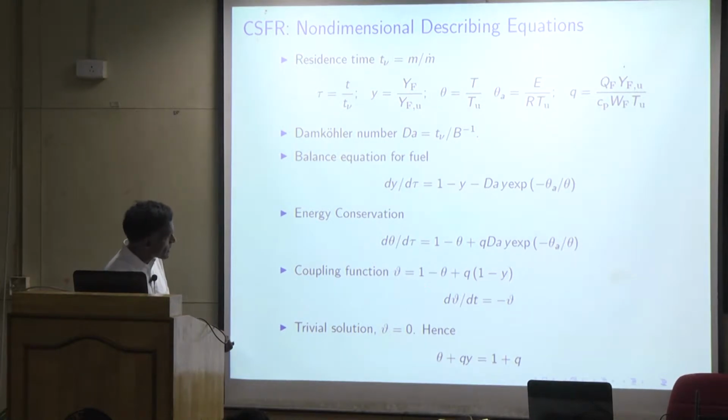You can see that theta must be 0 because theta is defined this way. When the reactants enter, theta is 1, y is 1. So therefore, this theta is 0. So these are the initial conditions. At the entrance of the reactor, theta must be 0.